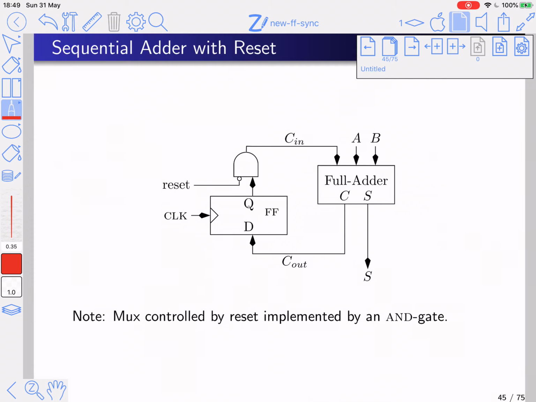Let's go back to the sequential adder and introduce the reset. In the sequential adder we had the full adder and the flip-flop, and now we put in between this funny AND gate. What this AND gate does is it's just a strange way of implementing the mux.